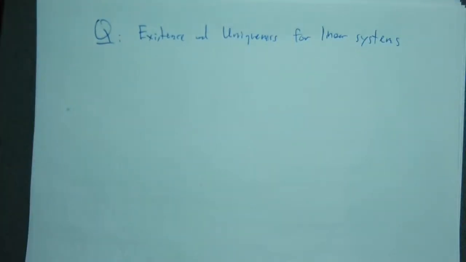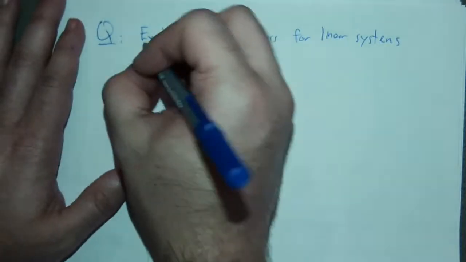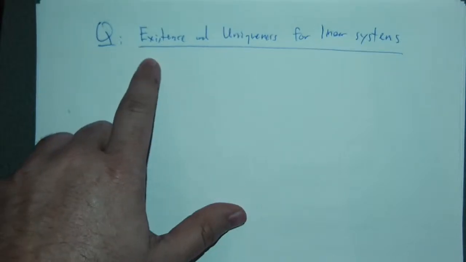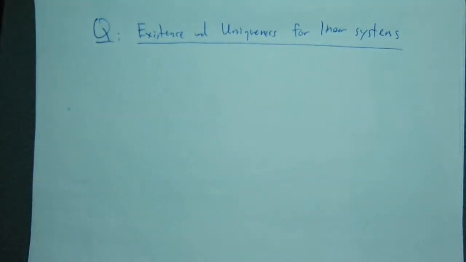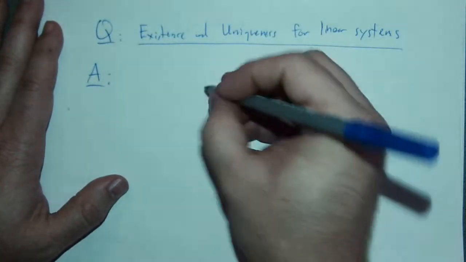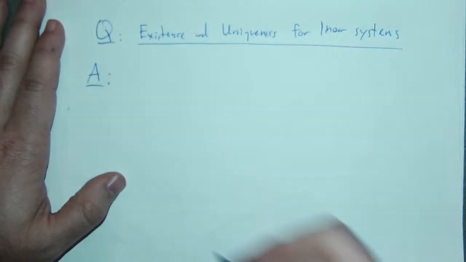That's not really phrased as a question, but the answer to when linear systems have solutions, that is when solutions exist, and when those solutions are unique, is answered by the following theorem.